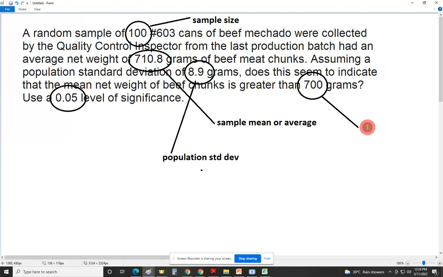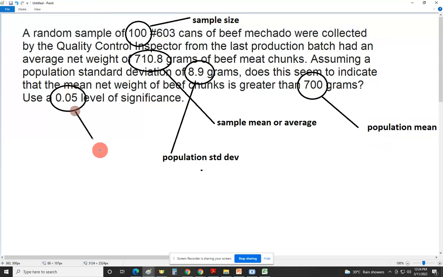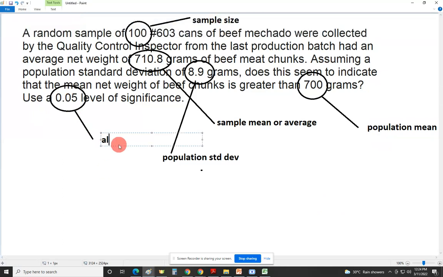Okay, and last, 0.05 is, ano kaya, Kenneth? 0.05. Very good. Alpha. So, after that, we will assign the symbols, no?